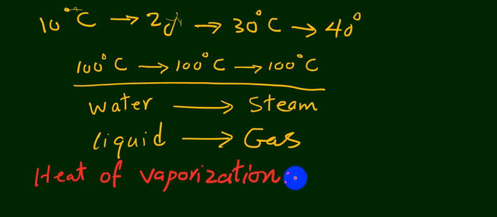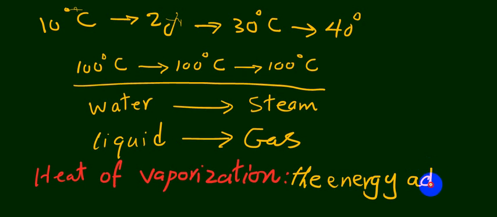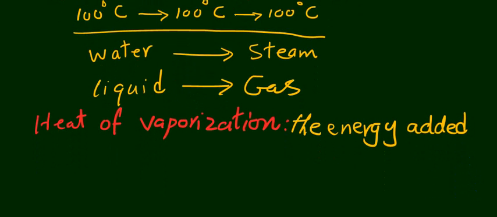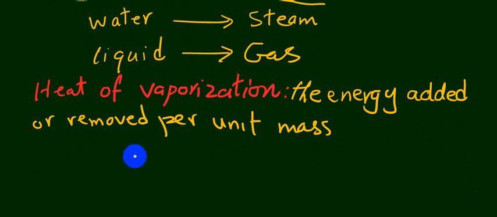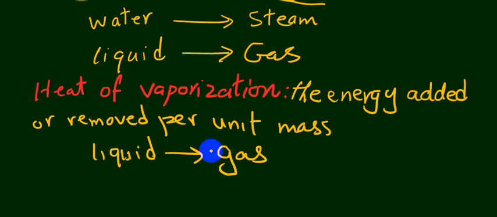So, heat of vaporization is the quantity of heat or the energy added or removed per unit mass to change from liquid into gas, and takes the symbol of LV, latent heat of vaporization or heat of vaporization. V here stands for vaporization.